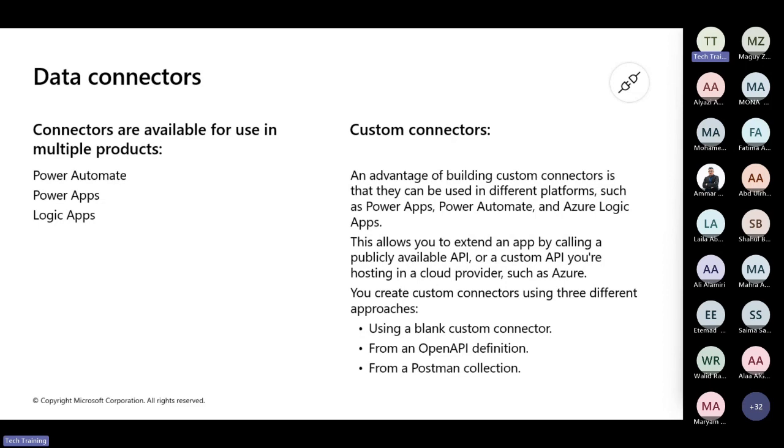It is important to note that in some connectors, you might need a paid plan to use the premium connectors with the diamond. One of you mentioned that, but my role is to explain what the connectors are and display to you the most used connectors, and it is up to you to choose the level of the plan that you are going to use, the free or the paid plan.